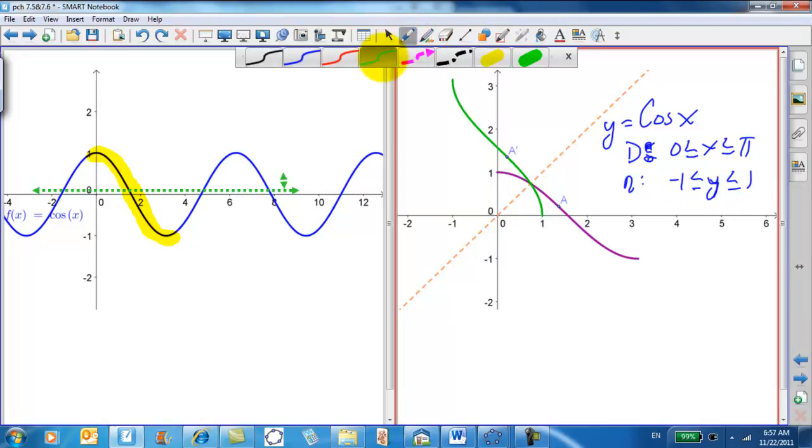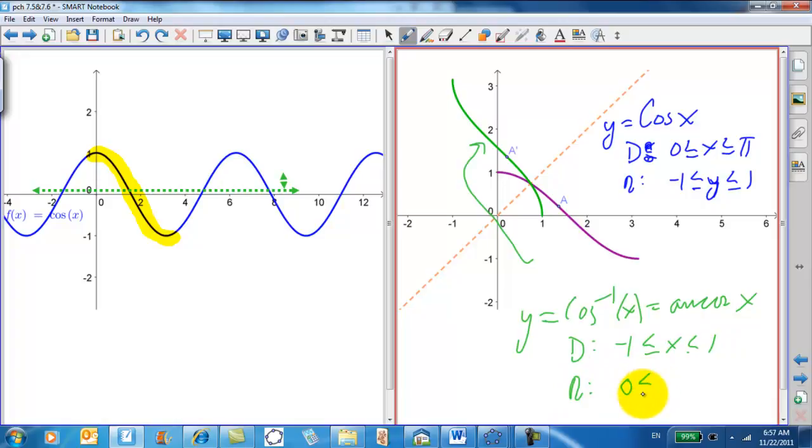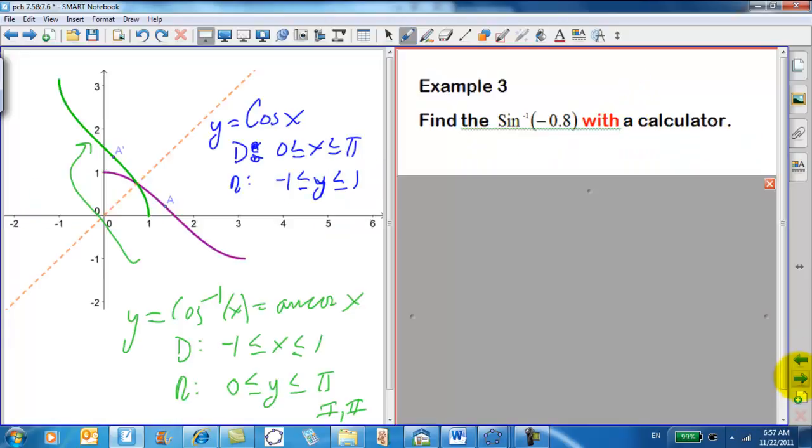So that means the inverse cosine function, that's the one funny one up there, inverse cosine of x, also known as the arc cosine of x, will have a domain of negative 1 to 1 and a range of 0 is less than or equal to y is less than or equal to pi. Notice how we flip the roles of x and y here. And so the inverse cosine, unlike the inverse tangent, inverse sine, outputs in quadrants 1 and 2.